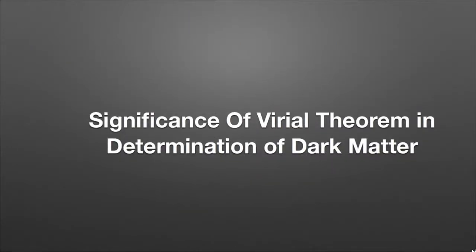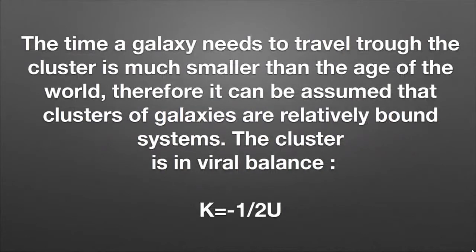One of the major significances of the virial theorem is the determination of dark matter. Next slide. In the 1930s, Fritz Zwicky was an astronomer at Caltech. He was studying clusters and observing their motion.